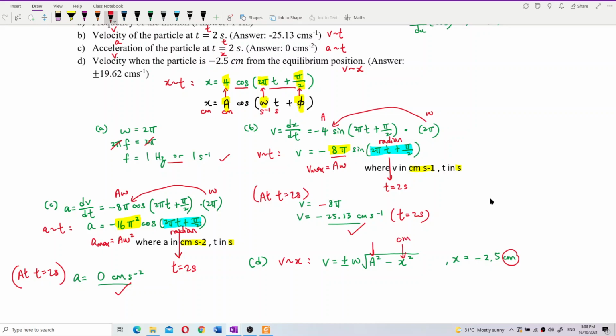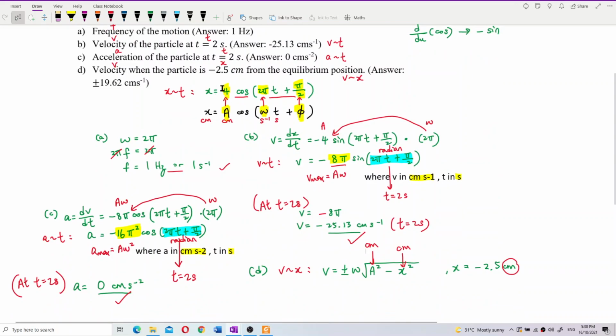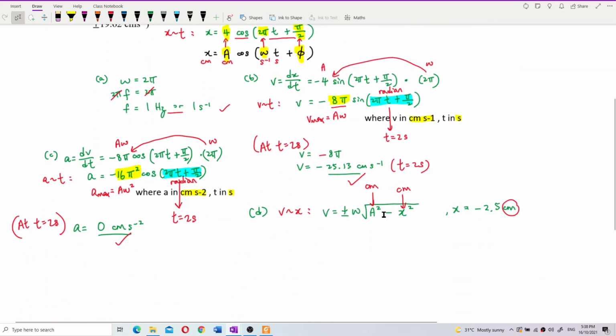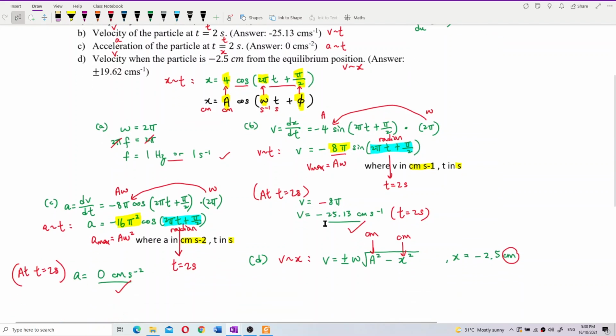So your amplitude also in centimeter, isn't it? Your amplitude is 4 cm. You follow the displacement. When x is in cm, the amplitude also in cm. So my amplitude is 4 centimeter.